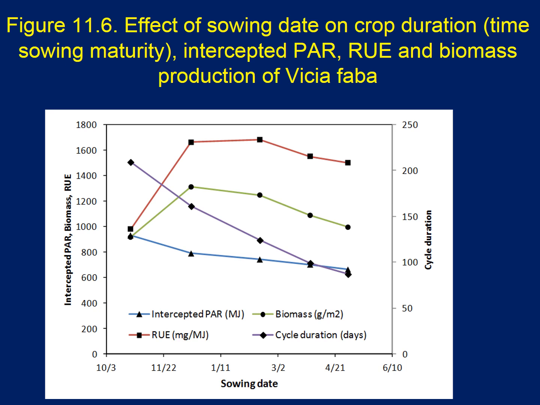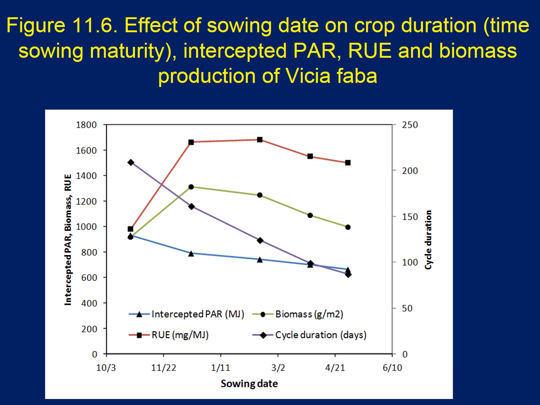This is almost coincident with the variation in biomass. So biomass tends to reduce with a later sowing date, with the exception of this first point that corresponds with very cold, extremely cold conditions for part of the growing season.